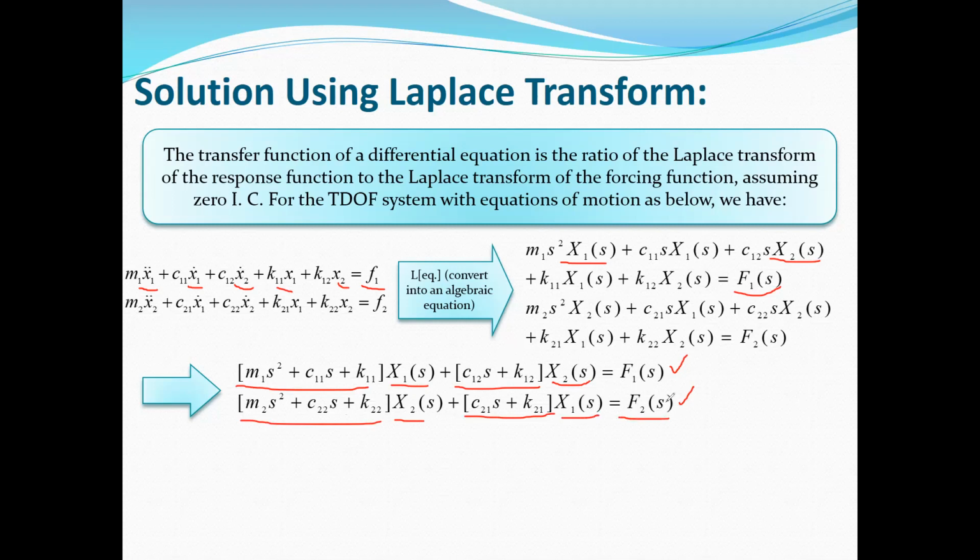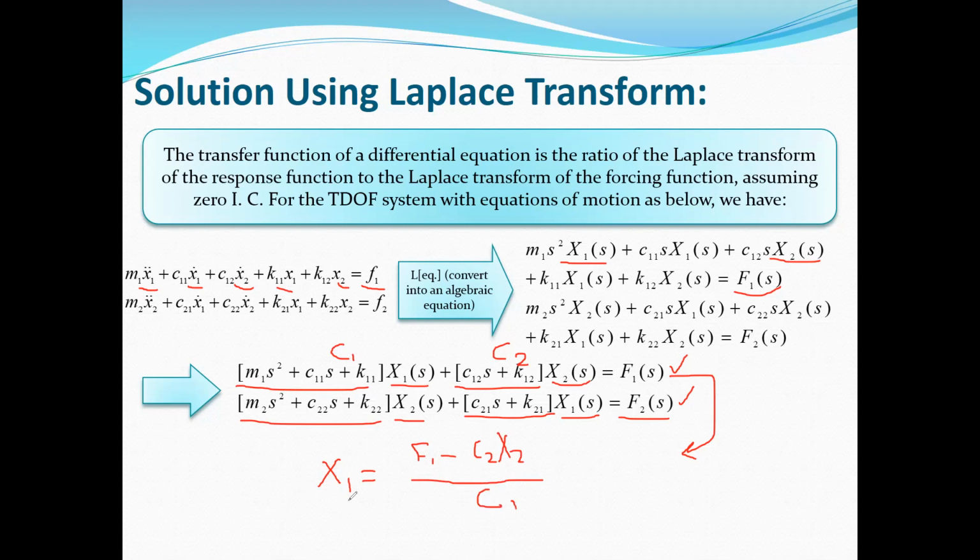For example, from the first equation, you can extract a relation between X1 and X2. If we assume that the coefficient of X1 is c1 and the coefficient of X2 is c2, we can extract that X1 is equal to F1 minus c2 multiplied by X2, divided by c1.